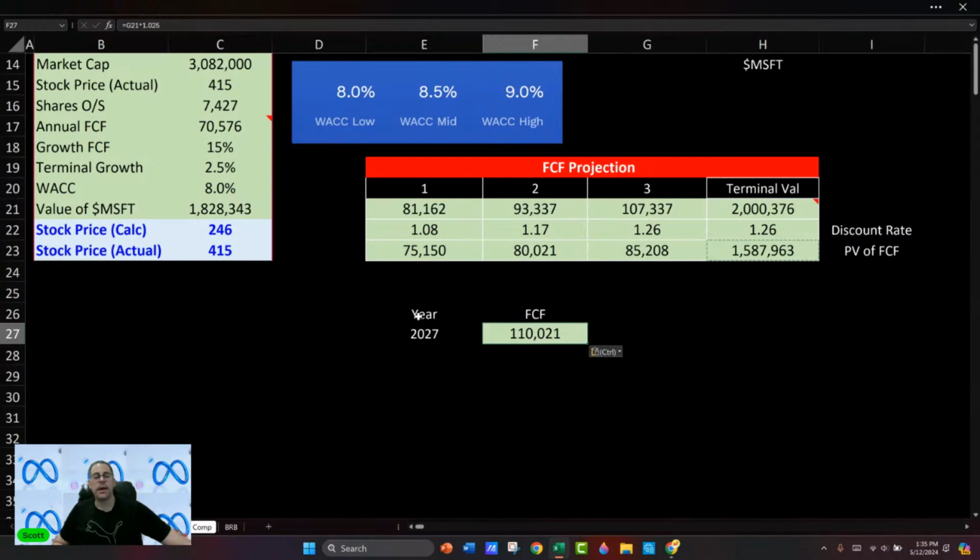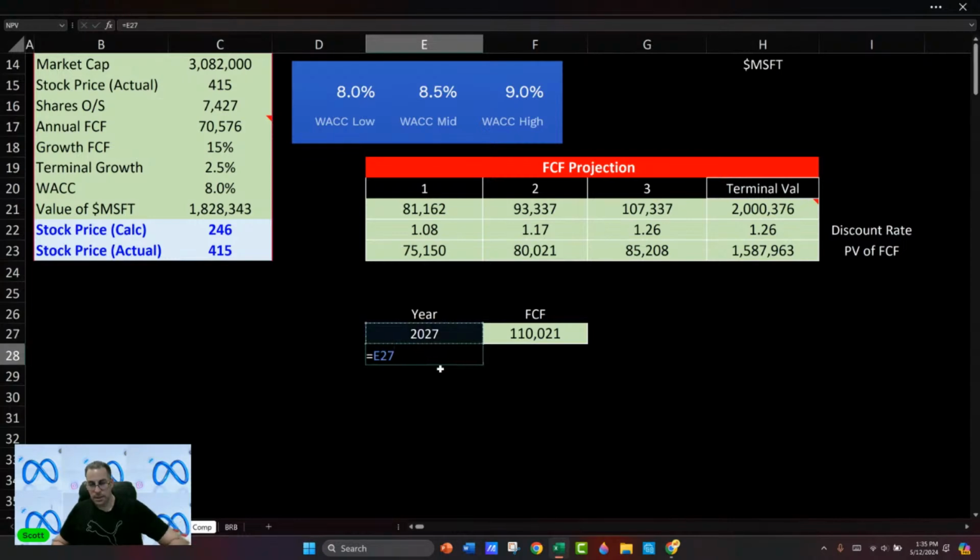That's the free cash flow estimate for 2027. I'll show you how to come up with the 2 trillion on the long approach.